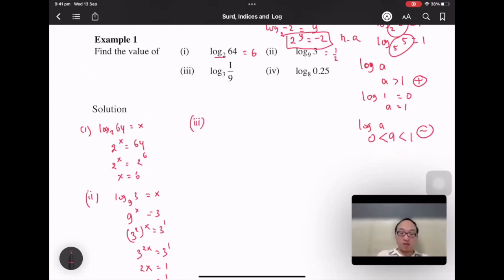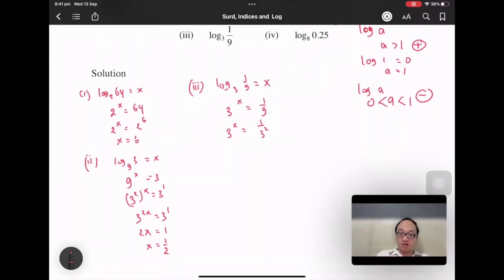The third one, log to the base 3 of 1 over 9. So this is log base 3 of 1 over 9 equals x. So that means 3 to the power of x will equal 1 over 9. 9 is 3 squared, so 1 over 9 is 3 to the power of negative 2.